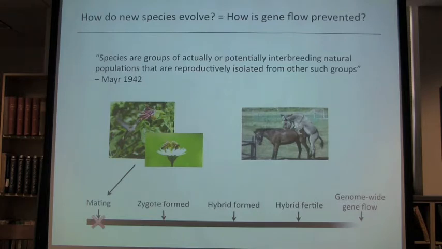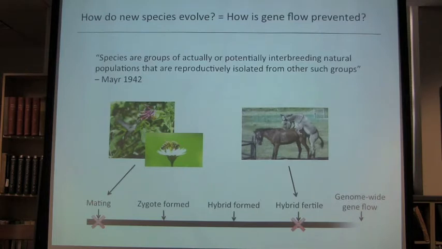And then everyone's favorite example of post-zygotic reproductive isolation, the horse and the donkey. They actually get quite far in the process. Mating occurs, a zygote is formed, a hybrid is even produced, but then the hybrid, the mule, is sterile. So this is where gene flow is prevented.